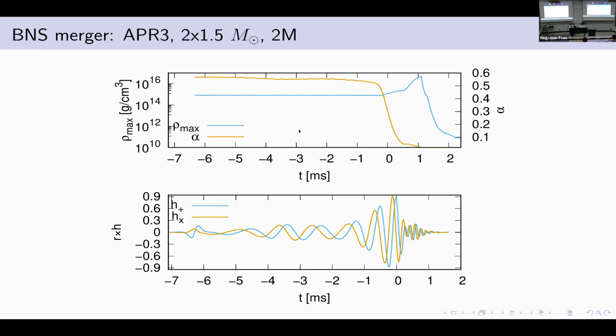Then I just wanted to show you that we can also handle the prompt collapse of two neutron stars. Here we have 2 times 1.5 solar masses, where you can see that the density starts increasing rapidly.